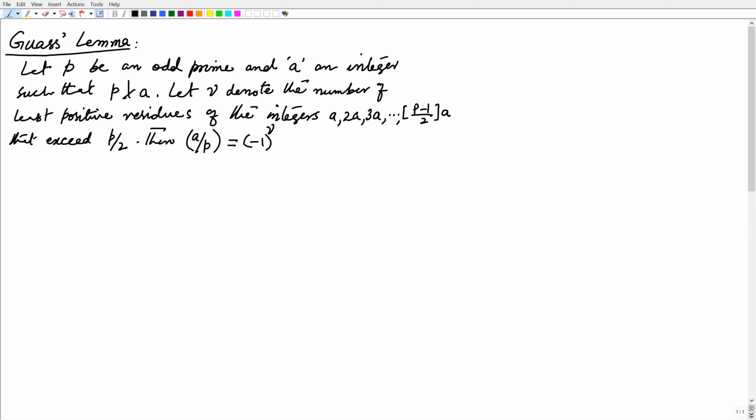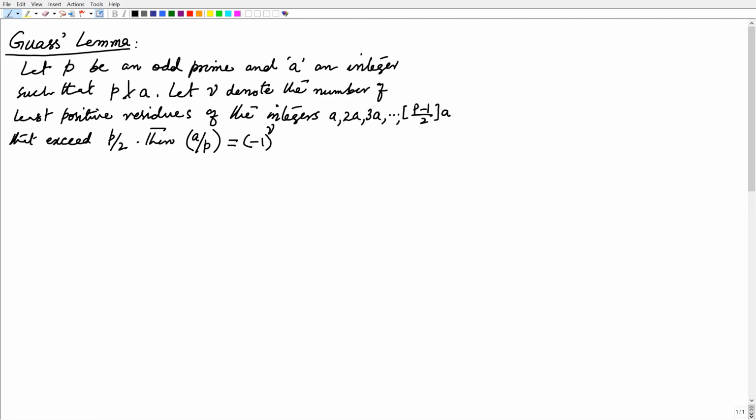The other procedures that we discussed in the previous classes can only simplify the Legendre symbol, but through Gauss lemma we can find the Legendre symbol for any integer a.